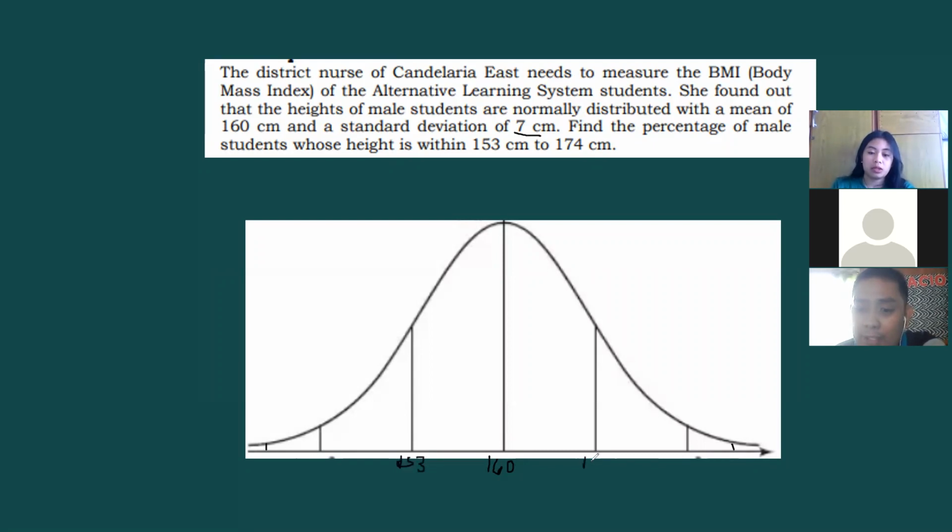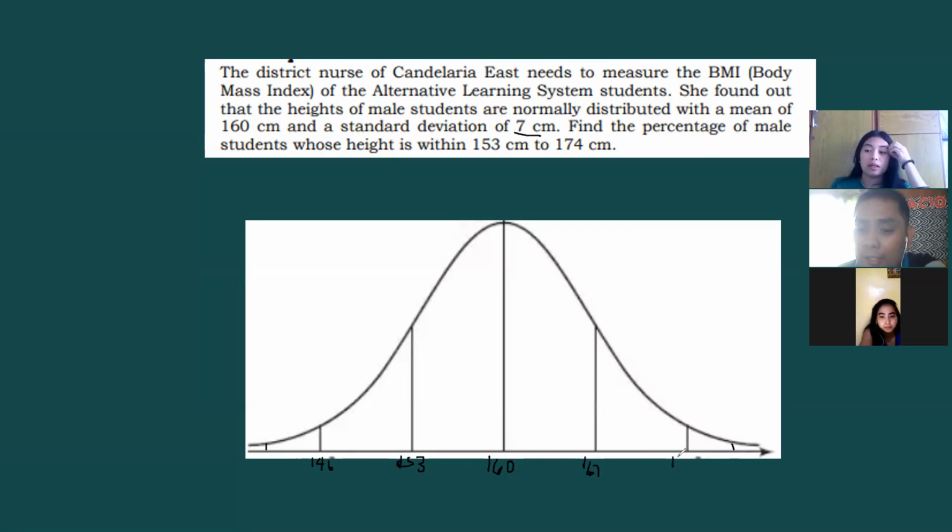This is 167. -7 ulit, 146. Ito, +7 ulit. This is 174. -7 ulit, this is 139. And ito naman ay +7, 181.